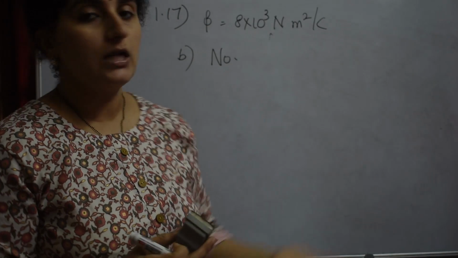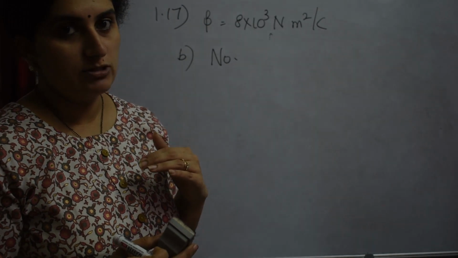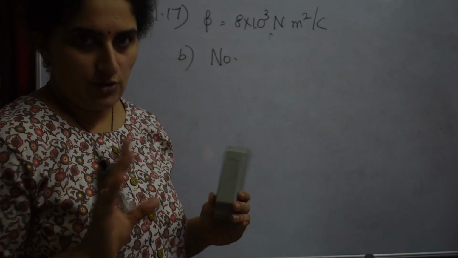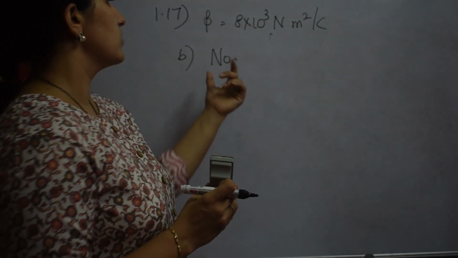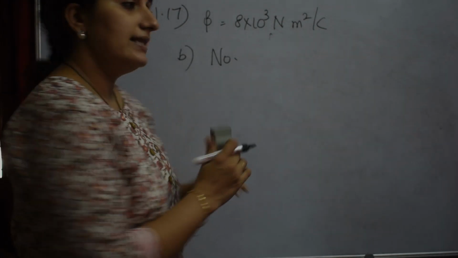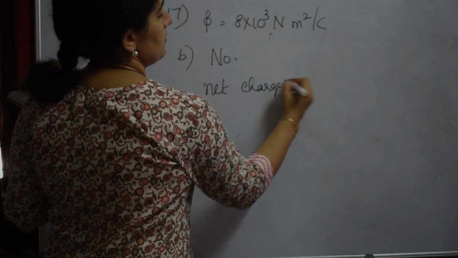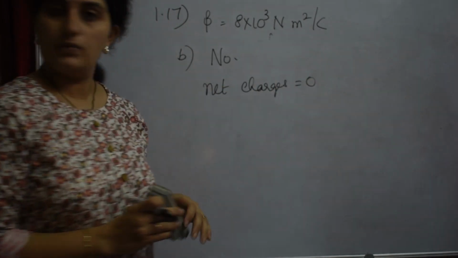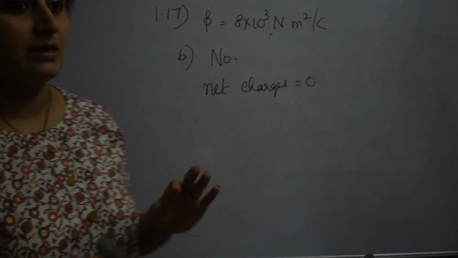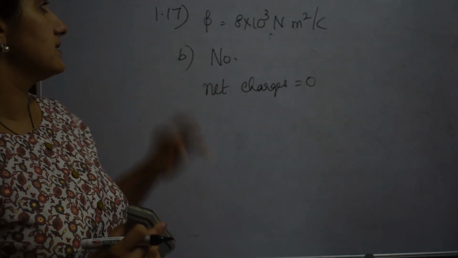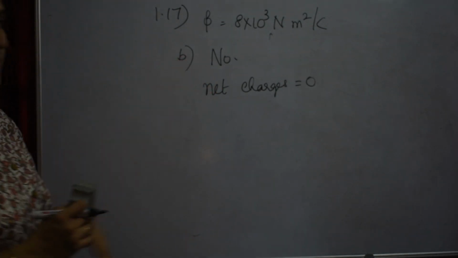There might be an equal number of positive and negative charges, but we cannot come to the conclusion that there are no charges at all. You can only tell that the net charge is 0. So this is the answer for the 1.17 B part.